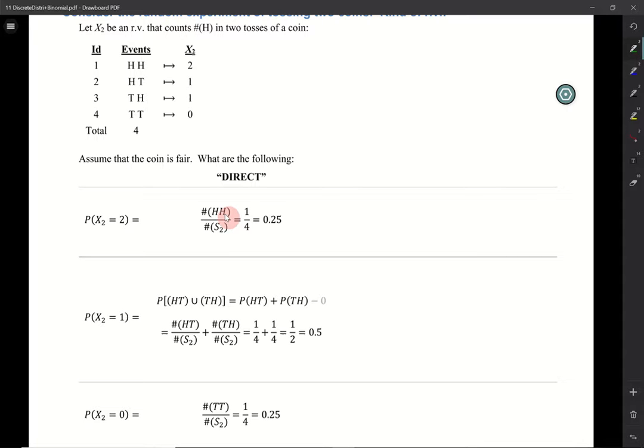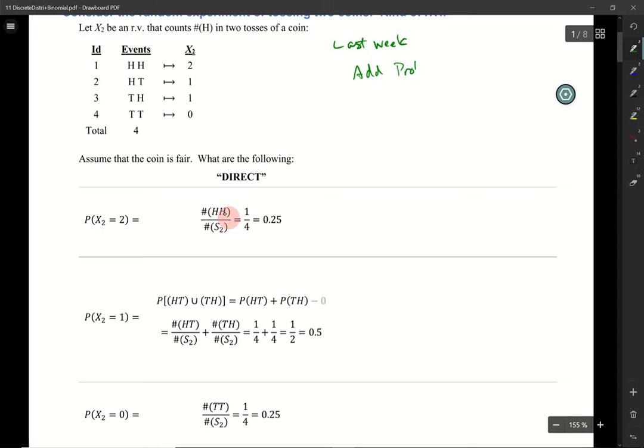You add probabilities when you have A or B. And what was the operation that we associated with that?